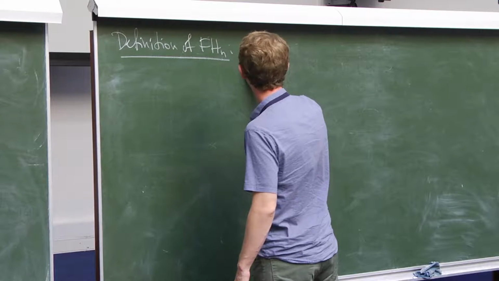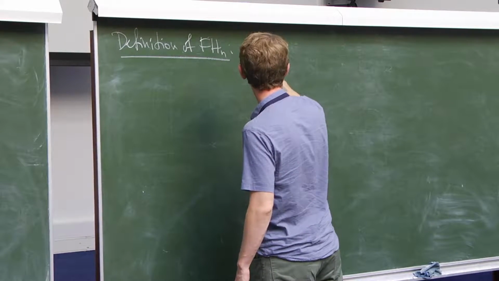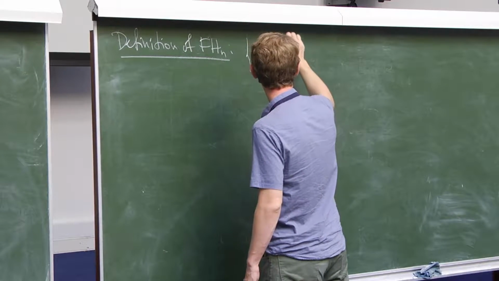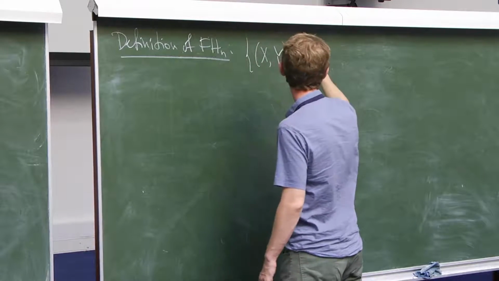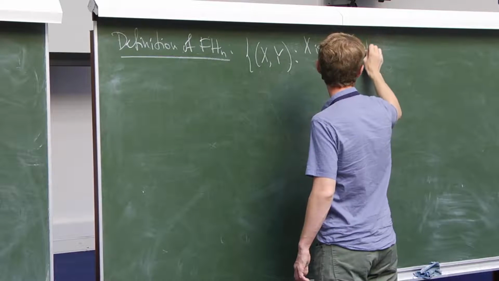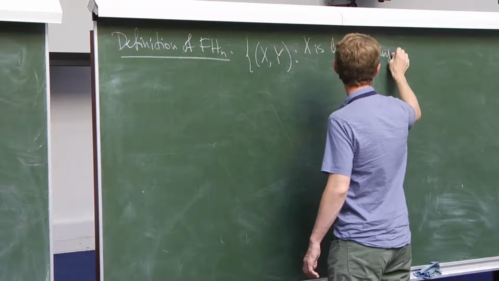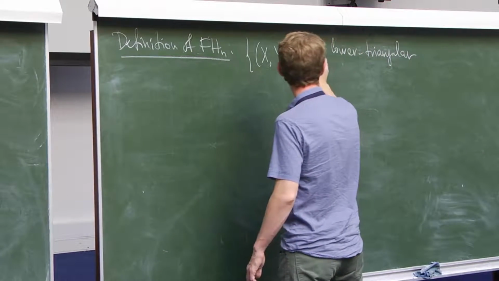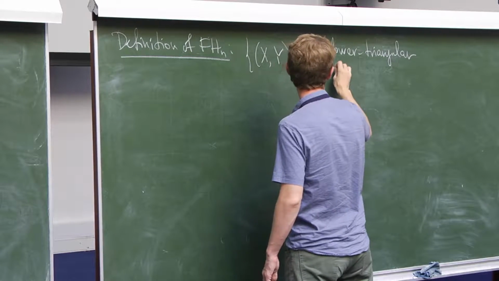So this is the space of pairs of matrices such that X is lower triangular, Y is strictly lower triangular.